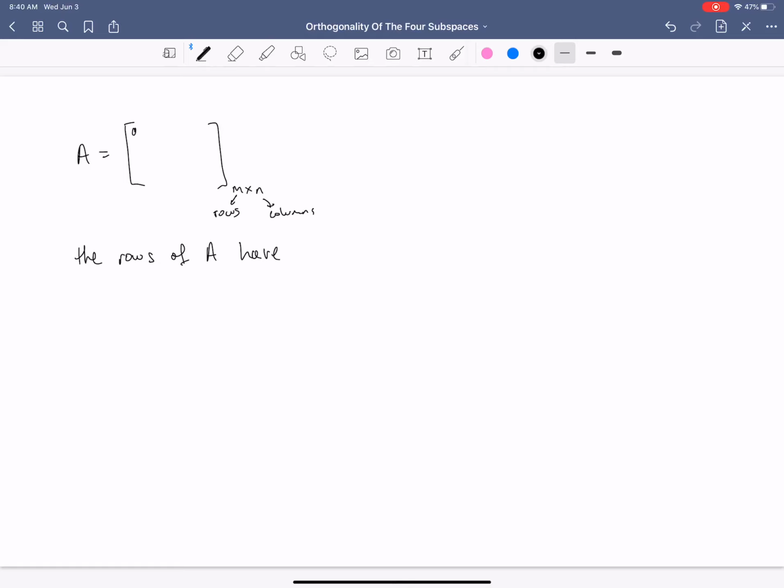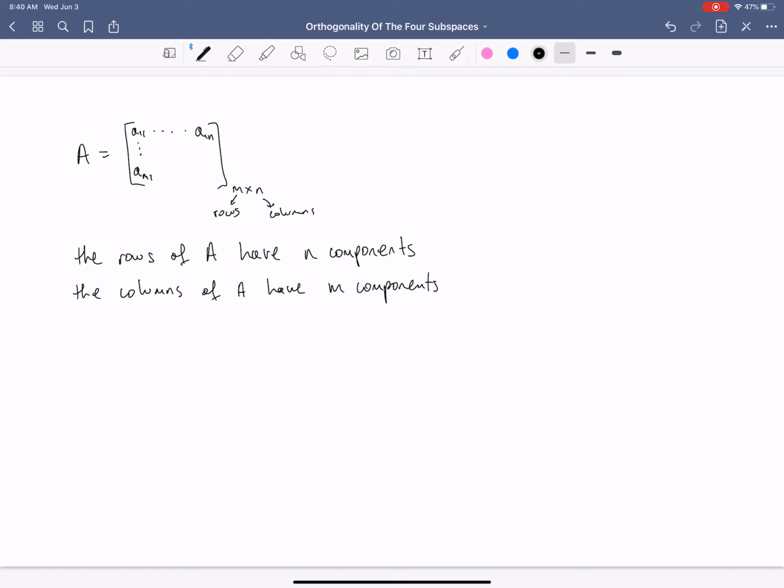So I have A11 all the way to AM1. So you see the first column has M numbers, and then along the rows I go all the way to A1N. So each row, the rows of A have N components, whereas the columns of A have M components.